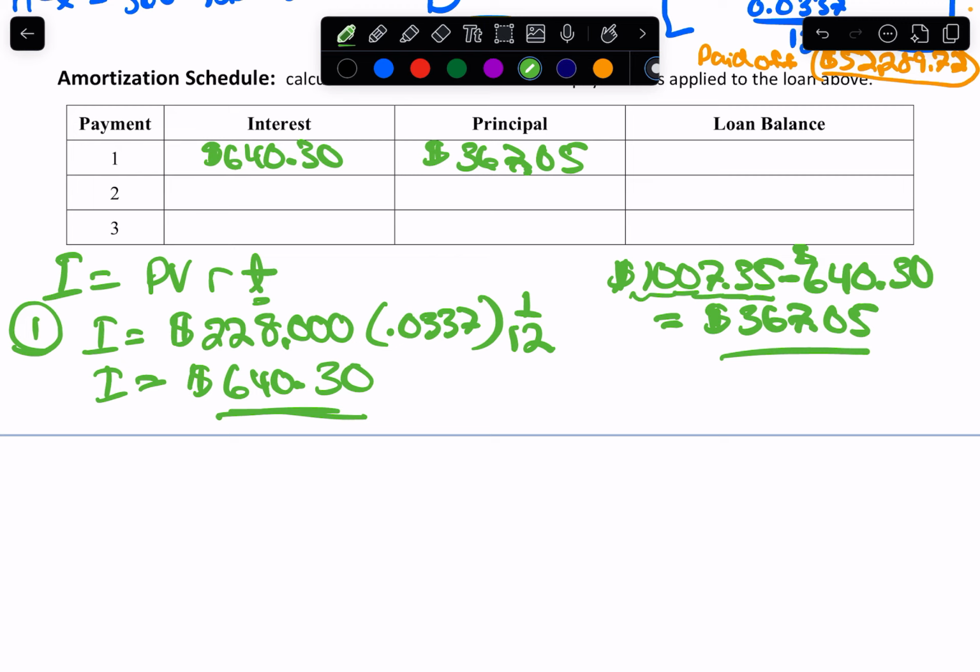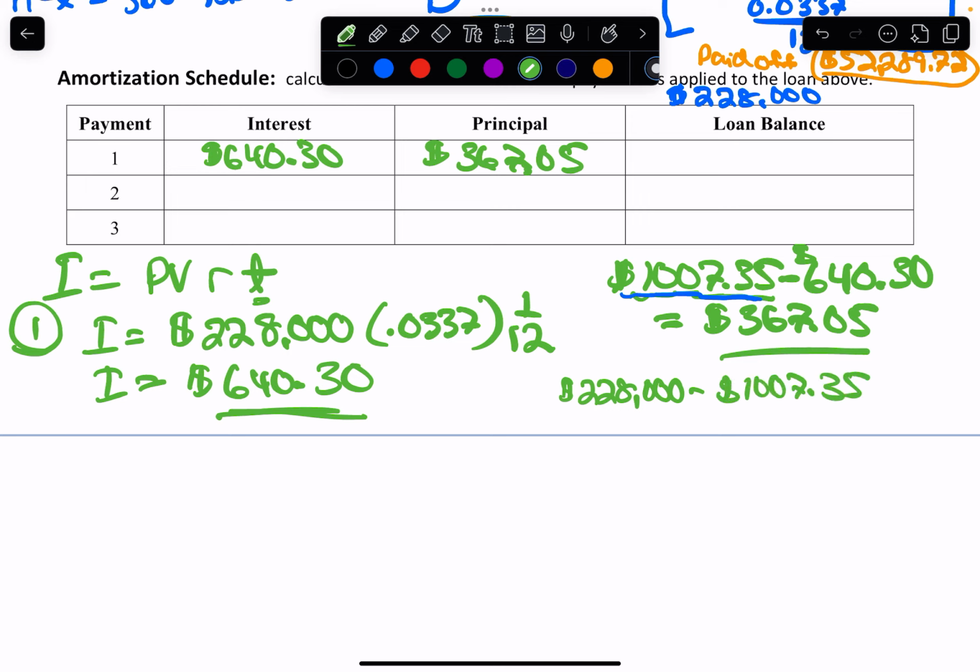Now we need to calculate our loan balance. So we started with a loan balance of $228,000. What we're going to do is subtract one monthly payment from it. So the loan balance is going to be $228,000 minus $1,007.35.